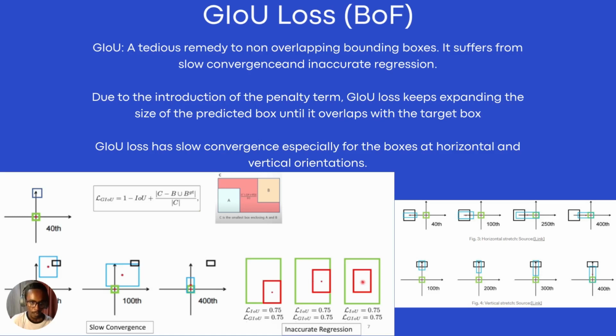If we want the blue box to overlap with the green box, what the GIOU loss is doing is changing the area between the two, and the blue box gets larger and larger. Once it reaches the green box, then it tries to maximize the IOU and overlap with the green box.